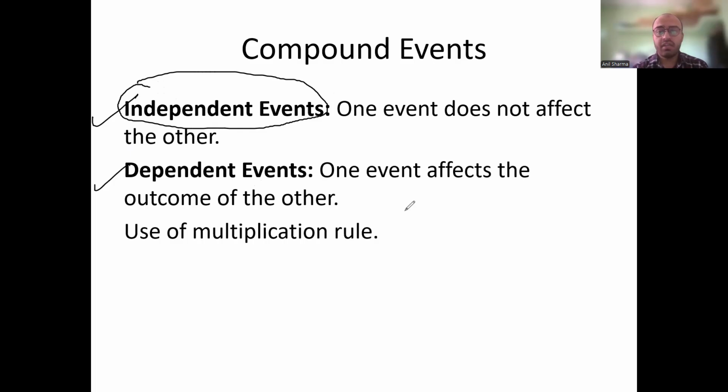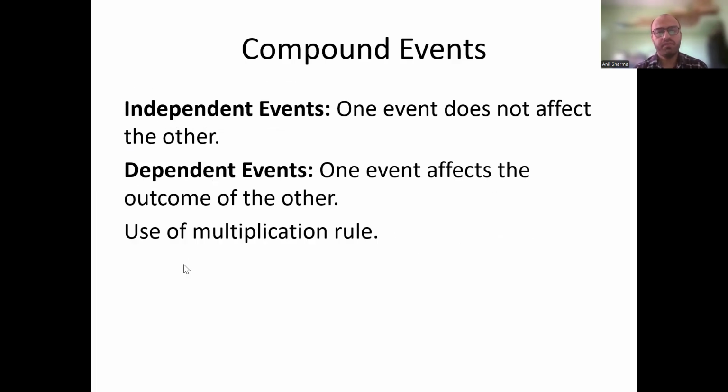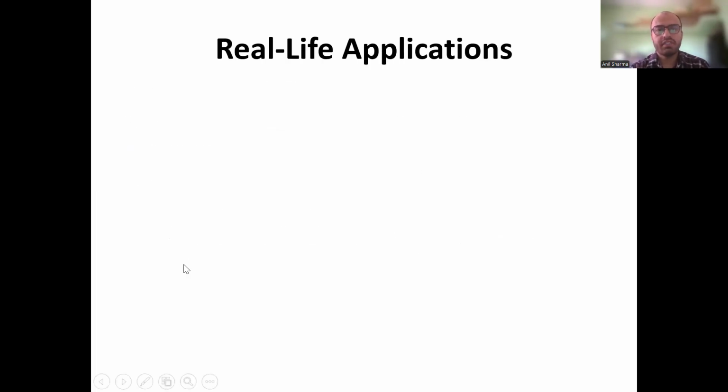If I get a head while tossing the coin, only then I will roll a die. This is the condition, that is dependent. So how is the rolling of the die dependent? It is dependent on this particular event, getting a head first. That is called dependent. So as the name suggests, dependent and independent, right? This is what we need to understand.